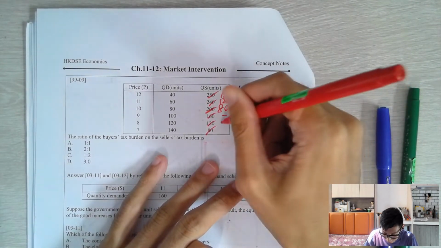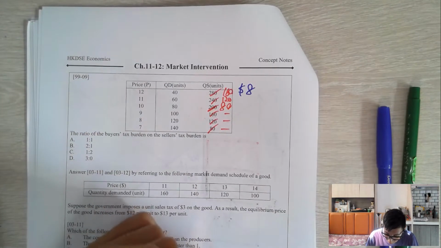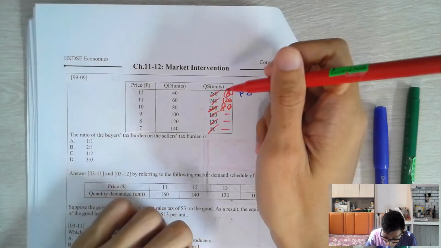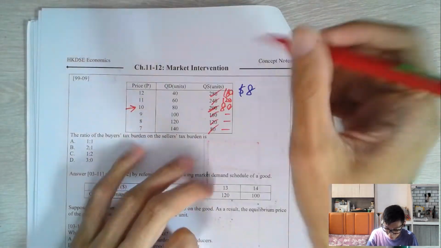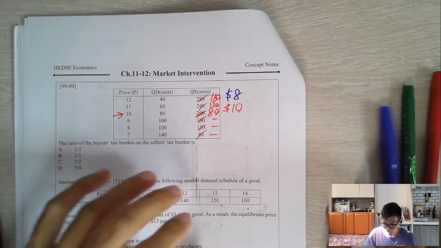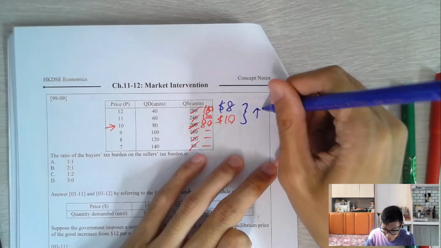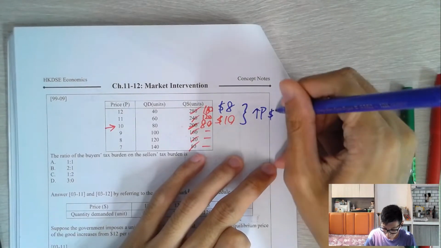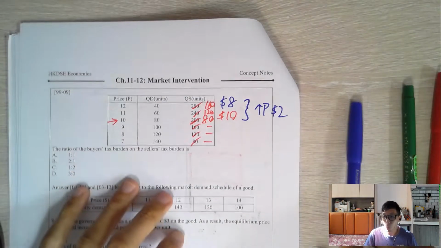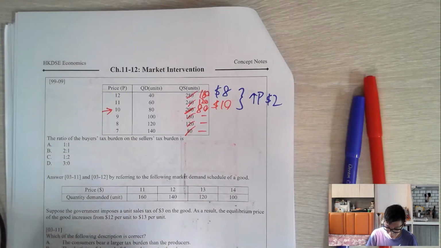This irrelevant. 好啦, we know that the new equilibrium price would be $10. So do you see here? The increase in market price is $2, while the tax is $3.